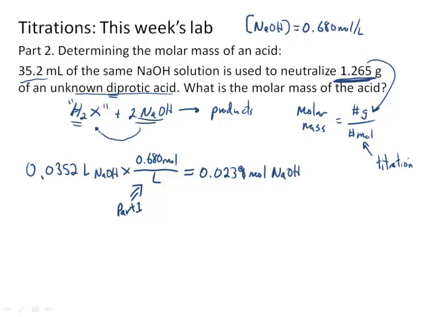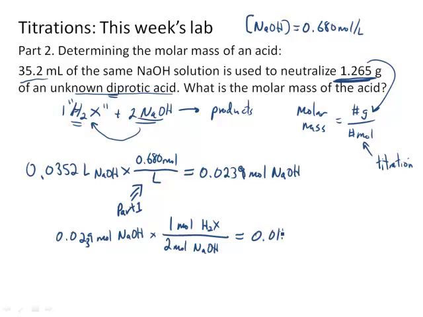Now you can use that to find how many moles of H2X, because there's a 2 to 1 ratio. So 0.0239 moles of NaOH times 1 mole of your H2X, whatever that might be, over 2 moles of NaOH. Sorry, that's 0.0239, I left out a 3 there. So divide by 2. That's 0.01197 moles of H2X.